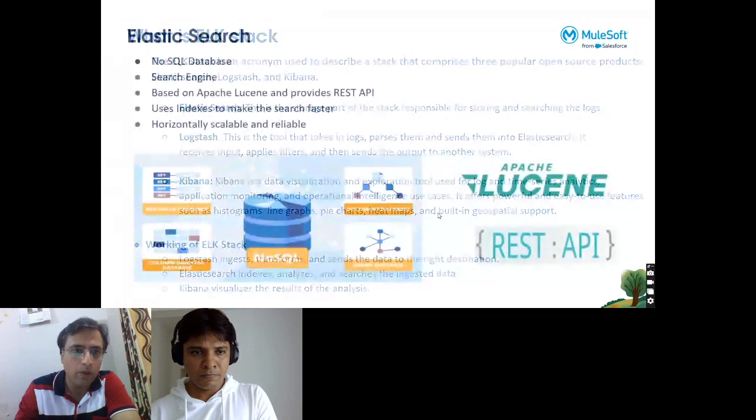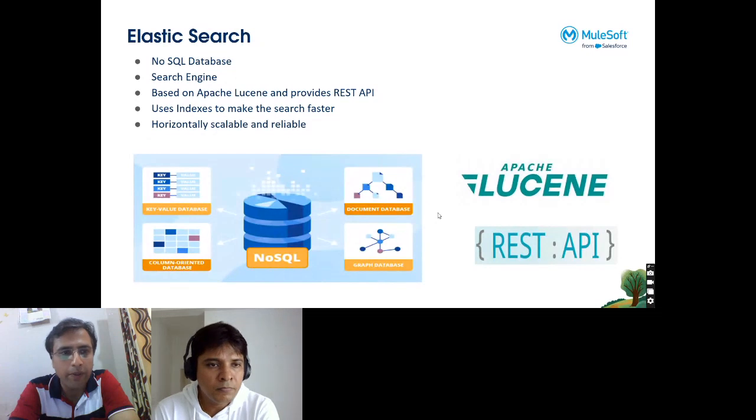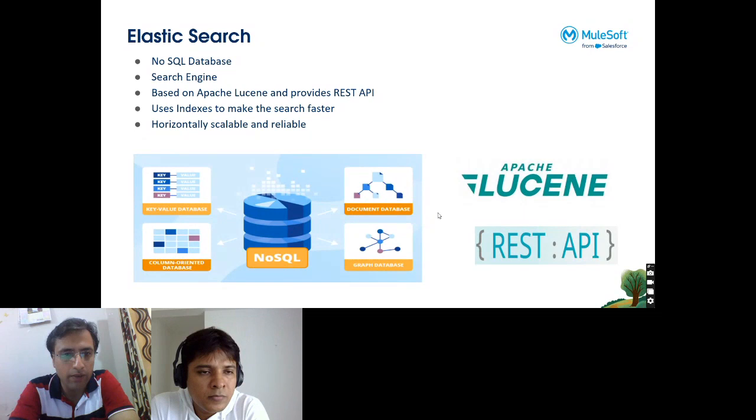Let's go through some more details about Elasticsearch. As I explained, it's a NoSQL database like MongoDB, so we can store the data as key-value pairs, documents, a column-oriented database, or a graph database. It's based on Apache Lucene libraries and provides RESTful APIs to interact with the search engine, so requests to and responses from Elasticsearch use RESTful APIs.